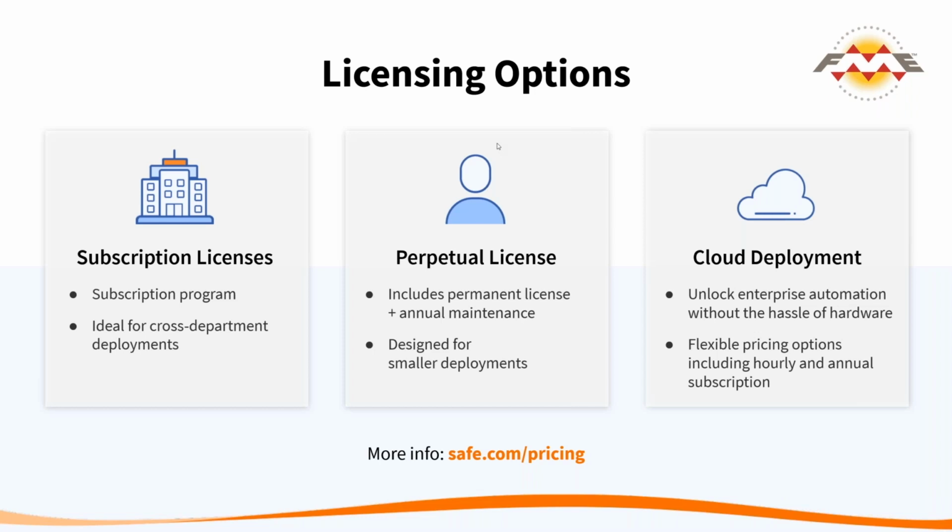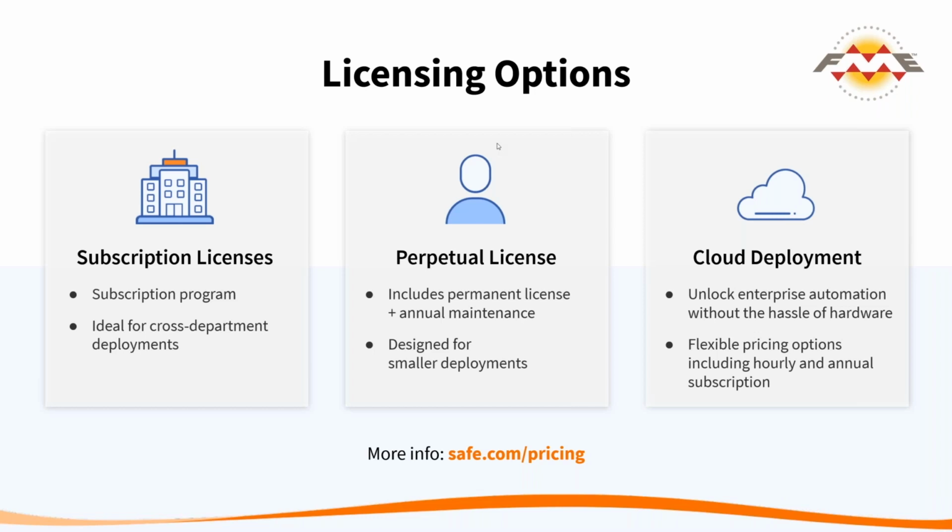And if you're new to FME, we'll just mention quickly the different licenses you can use. Subscription license, which is basically you have an organization, you get a subscription, and anyone can use FME within that organization. Basically use it as much as you want. Perpetual license just basically means you have a fixed number of licenses, or you can deploy in the cloud. You can't deploy desktop in the cloud. You can only deploy server in the cloud, but there's lots of pricing options there.